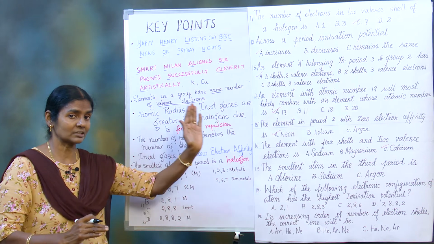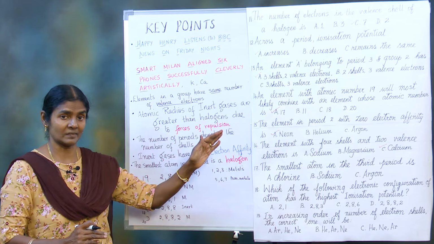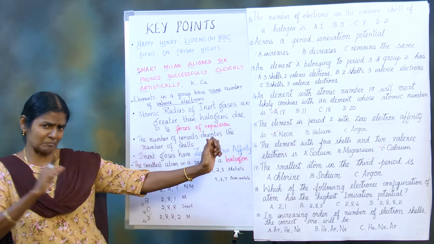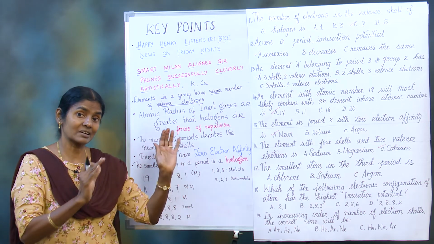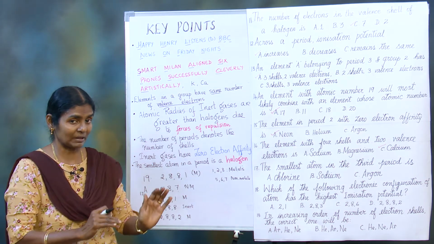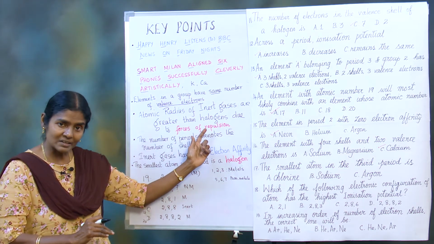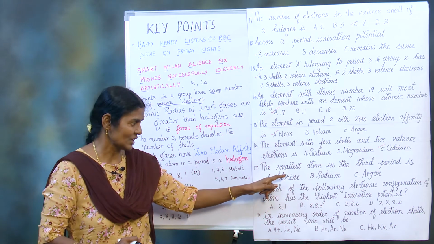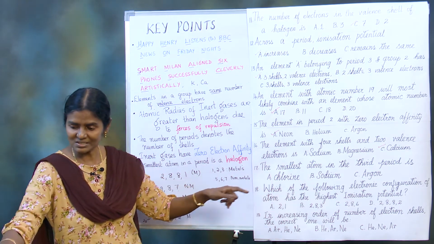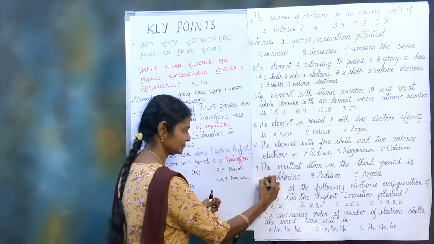From left to right it decreases, but it decreases up to the halogen, and then there is a force of repulsion on the inert gases. So inert gases have greater atomic radius compared to the halogens because of forces of repulsion. Now coming back here, so which one would be the smallest? It would be A, that is chlorine. Okay, so chlorine is the answer here.